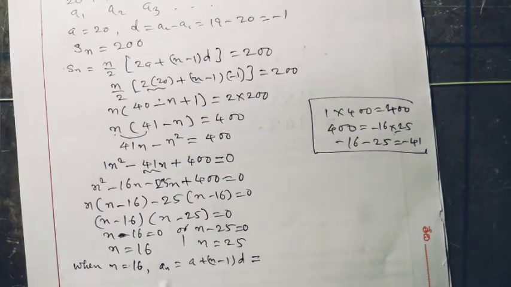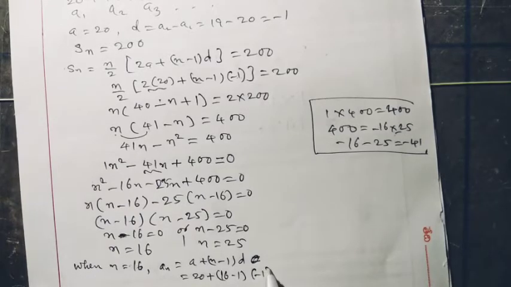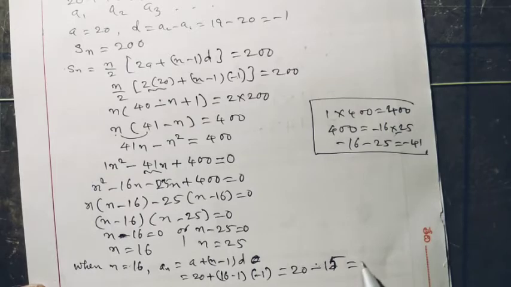Here we can substitute: a is 20, 16 minus 1 into d is minus 1, so 20 plus 15 into minus 1, that is 20 minus 15, which is 5. So when n is equal to 16, we got 5.